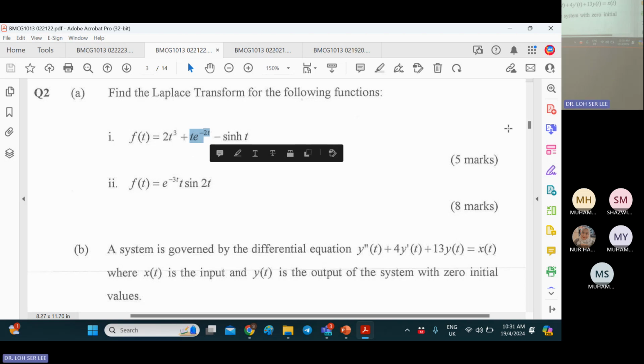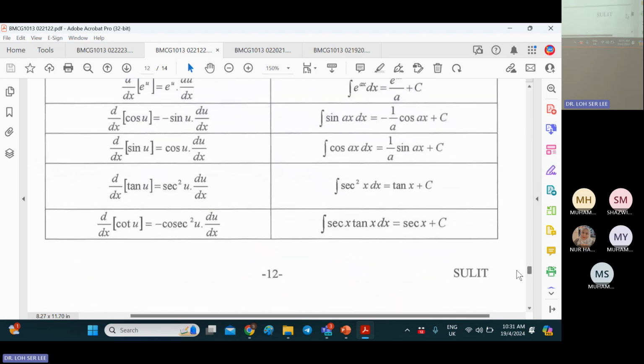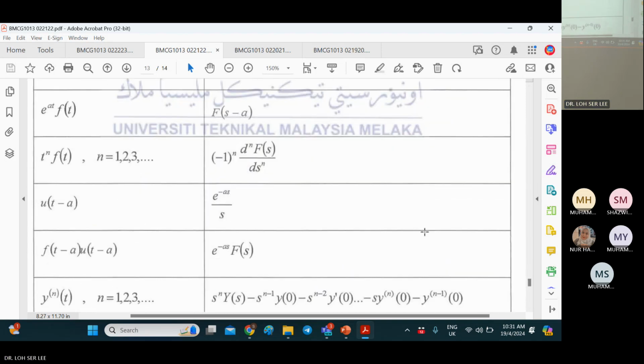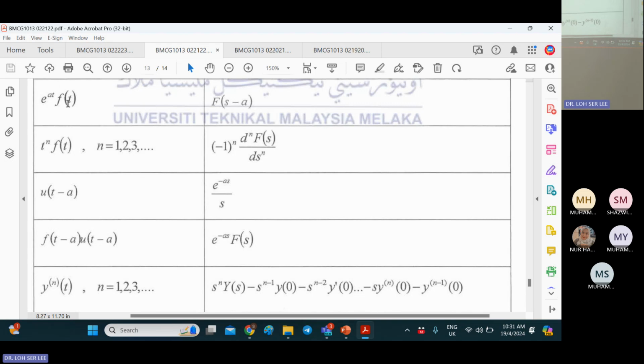If you look at the formula, can we use this? Yes, you have the exponential function. Can we use this one too? Yes, because you have t to the power of 1. So you can choose either the first translation or the derivative property, and that will give you the same answer.